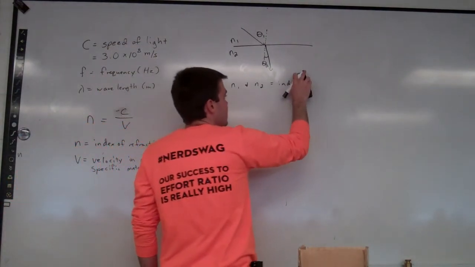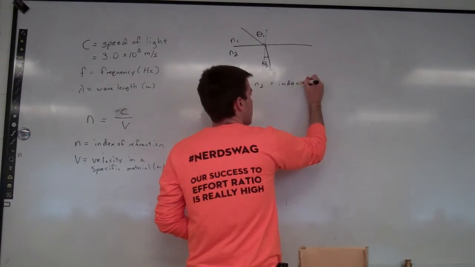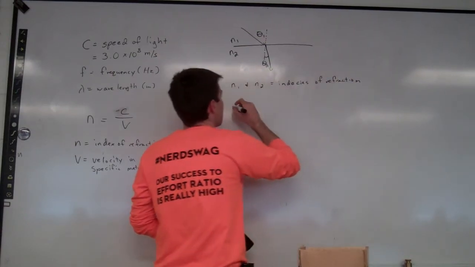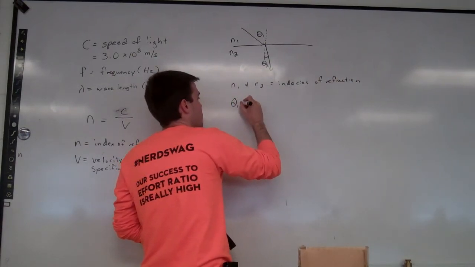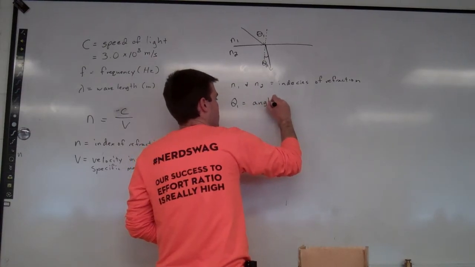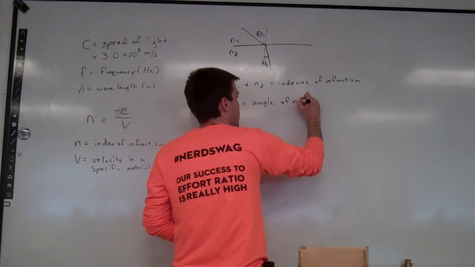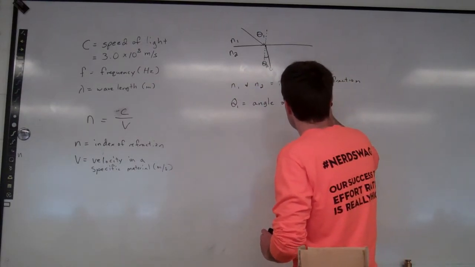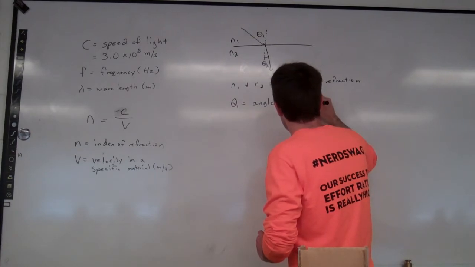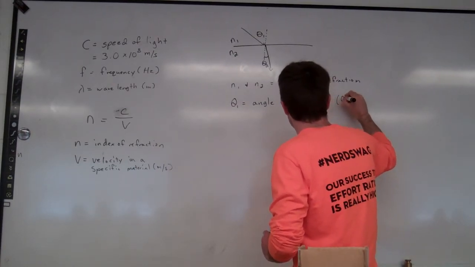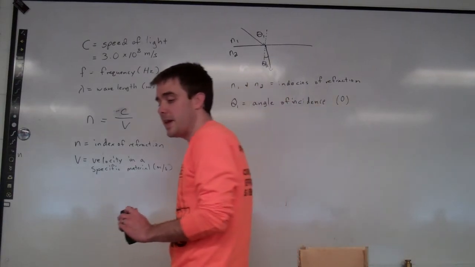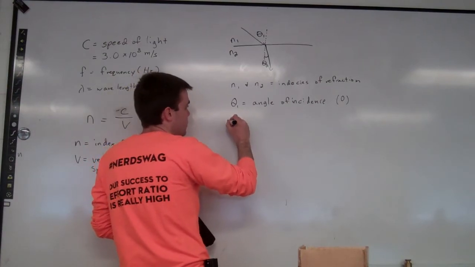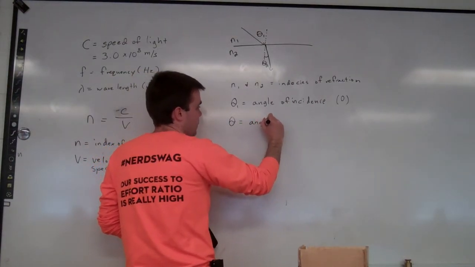Should be indices of refraction. Theta 1 is the angle of incidence, the angle it comes in at, measured from the normal, and that's in degrees, and theta 2 is the angle of refraction.